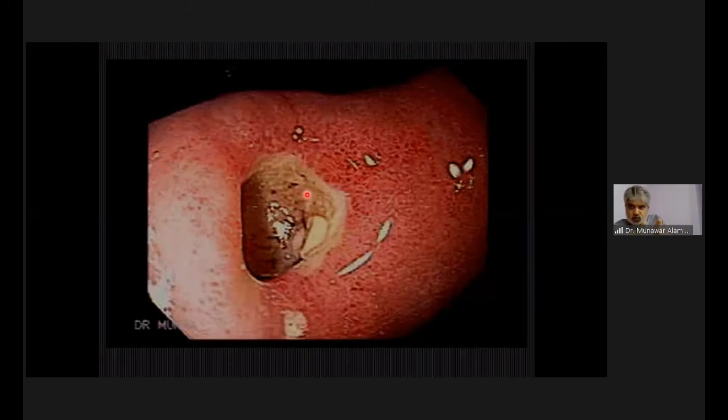So peptic ulcer is the sole contraindication. Sole contraindication means no way is it to be used, for the use of the non-steroidal anti-inflammatory drugs, number one.